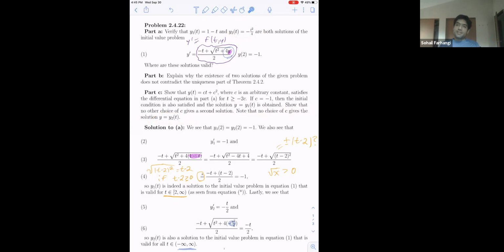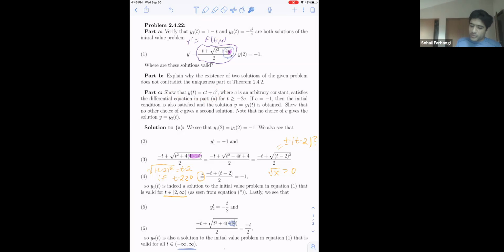So the point of part C is, normally when you solve a first order linear differential equation, you get the general solution, which is parameterized by some constant. And then once you put in an initial value, it specifies the constant and you get one particular solution out of the general solution. So what we're seeing here in part C is that we have a general solution, because c is a parameter, it could be anything.